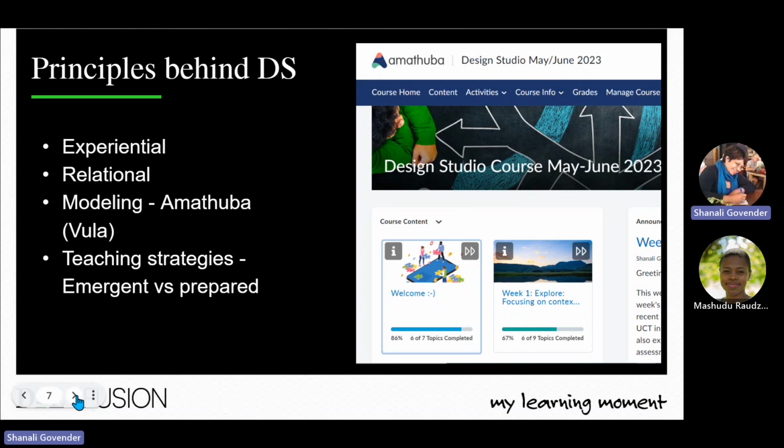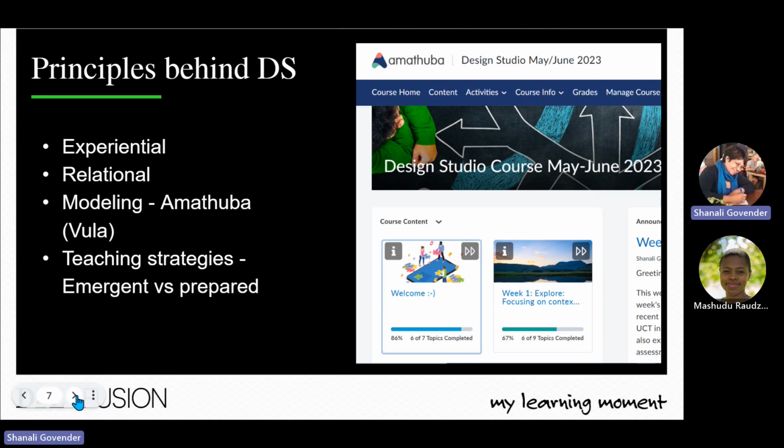And so the version of Design Studio that existed in Vula focused very much on asynchronous, relatively low technology tools and design choices in order to make learning maximally accessible, not only to the staff on Design Studio, but to the students that they would be teaching.